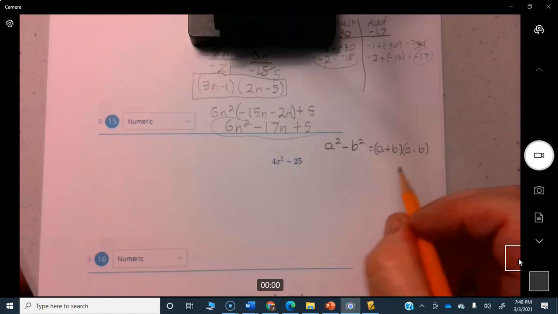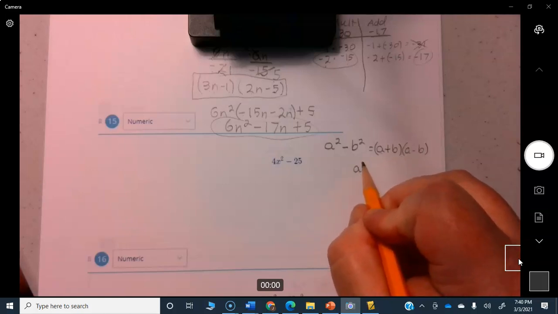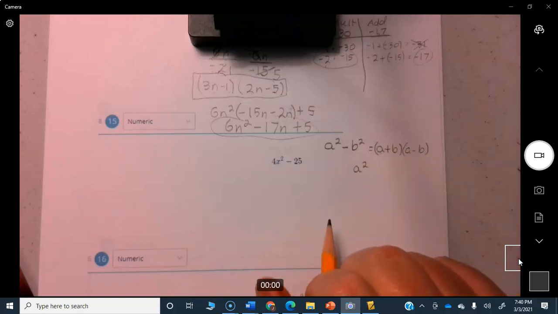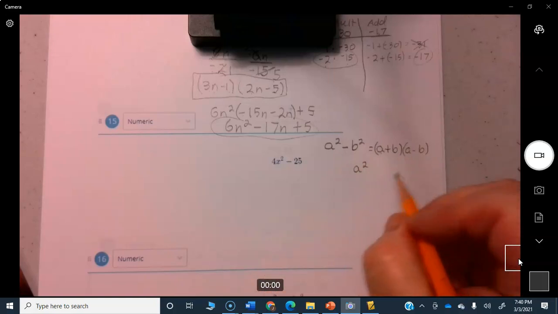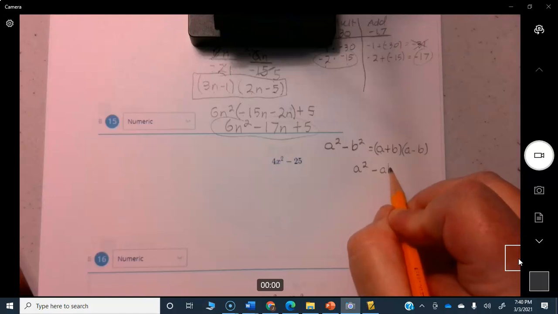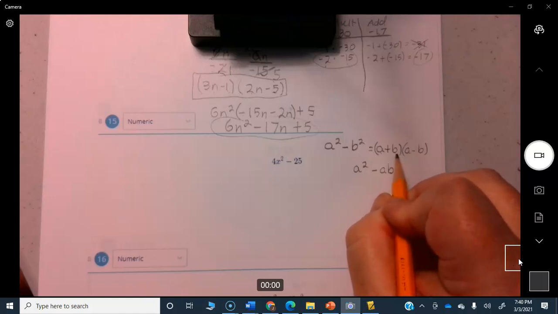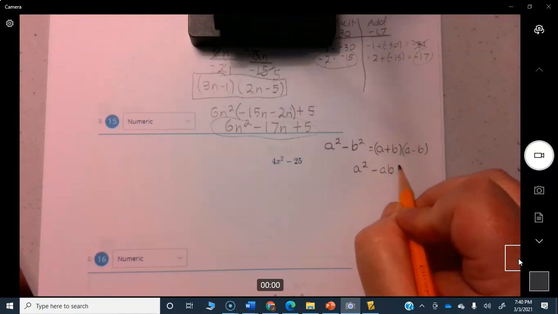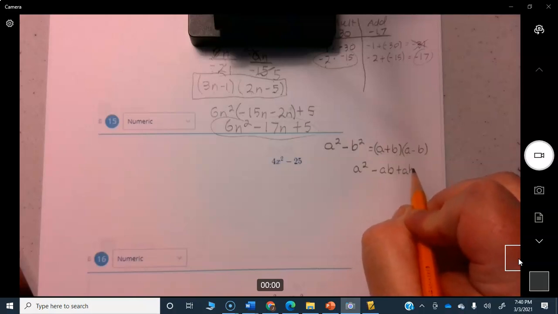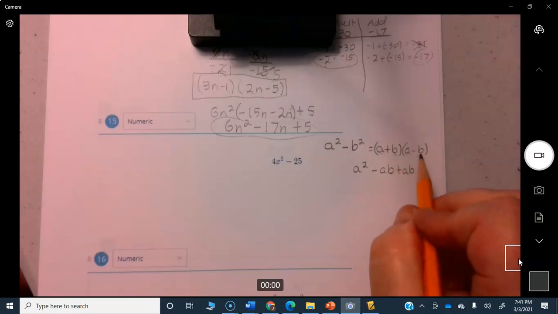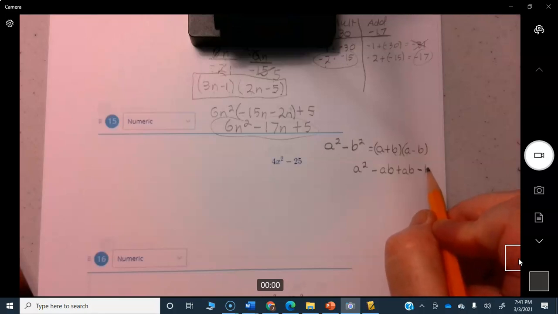A times a is a squared. I'm just proving this principle to you right now. A times negative b is negative ab. A times b is positive ab. And b times negative b is negative b squared.